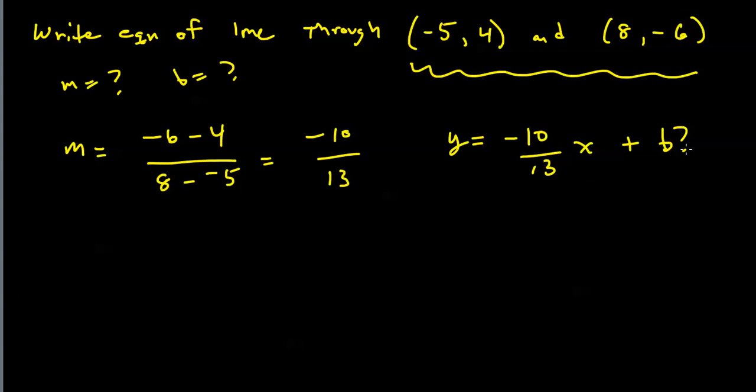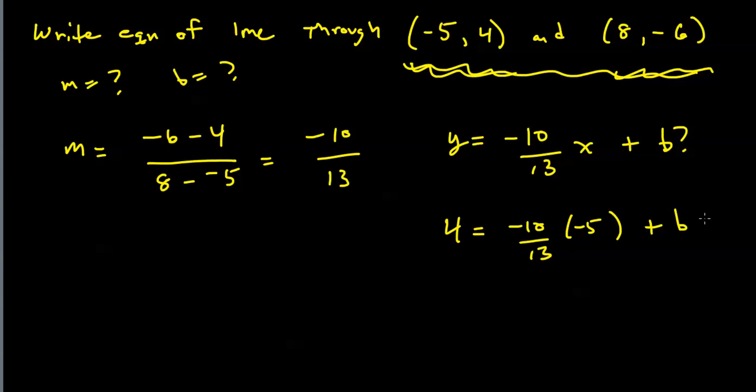And just like we did before, we can pick coordinates of any point and plug them into this line, since we know that both these points must be on the line. Alright, I don't see any clear advantage to picking one over the other. I'm going to pick, let's say y is 4 when x is minus 5.